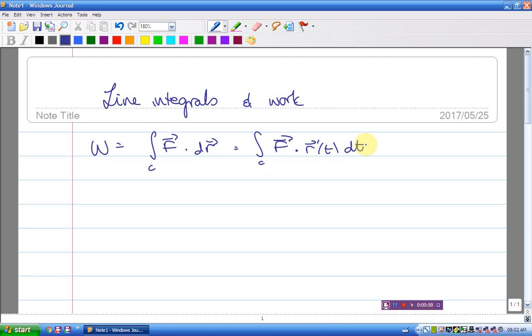Okay? Which is also the same as P dx plus Q dy plus R dz, where P and Q and R are the component functions of big A.